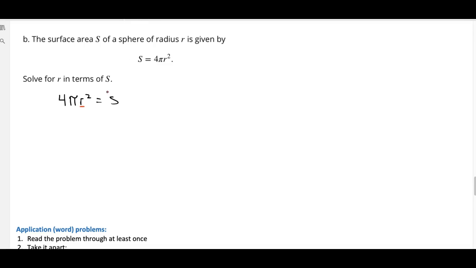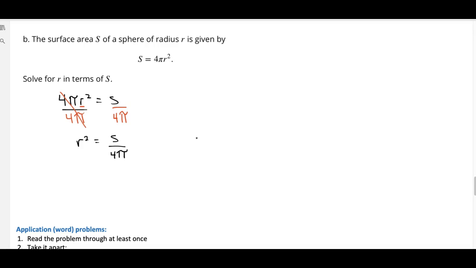So here's the thing we're looking for. So I'm going to divide both sides by 4 pi, because it's not added to anything, so we don't have to worry about that. So 4 pi on both sides. So the 4 pi divides out, and we're left with r squared equals s over 4 pi.